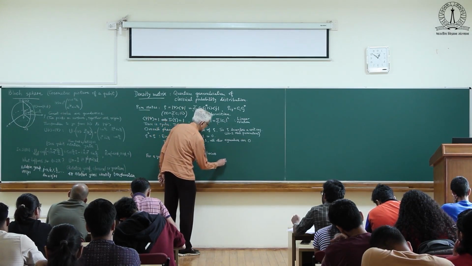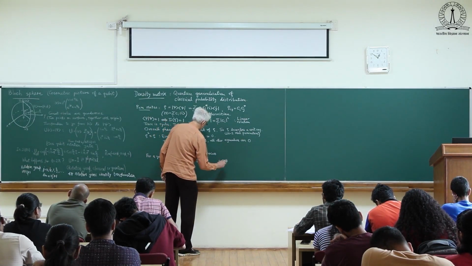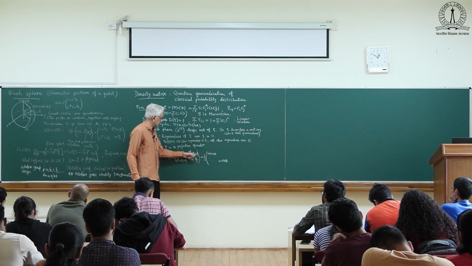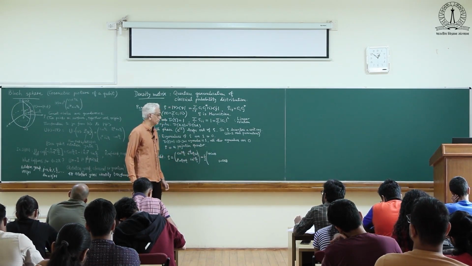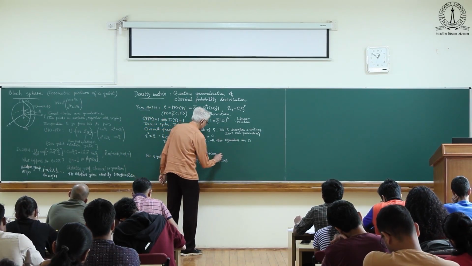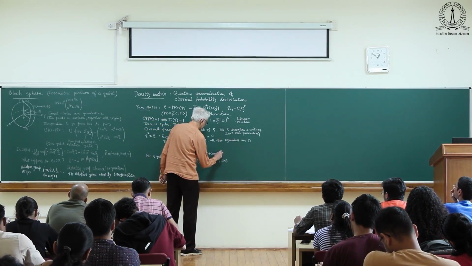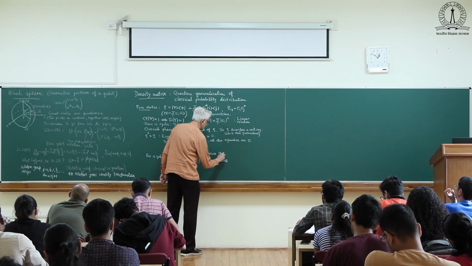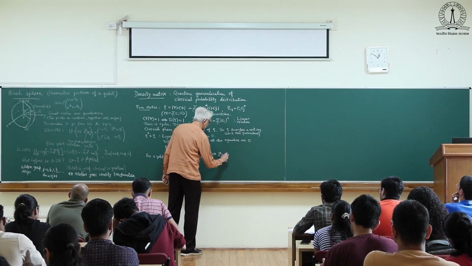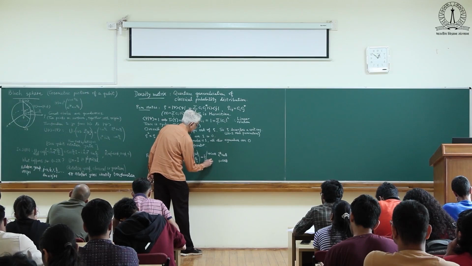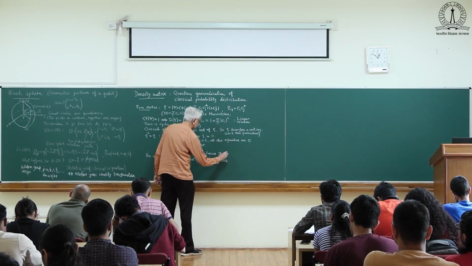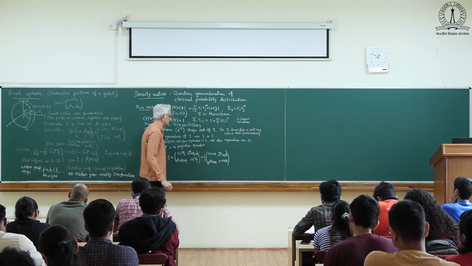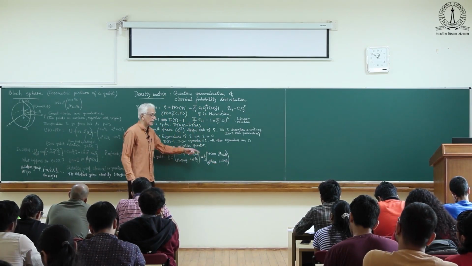It is 1 minus cosine theta. 2 cos theta by 2 sin theta by 2 is sin theta. And the other half is this. So the half angles are gone.